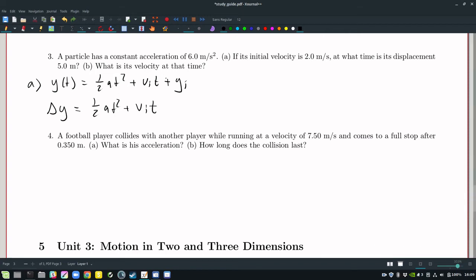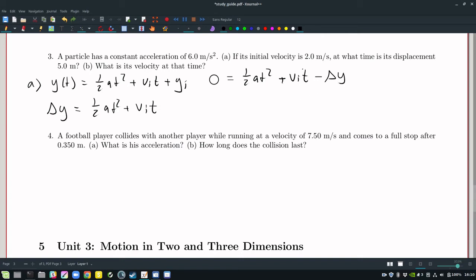So y minus y initial will be delta y. Now we're being asked at what time is its displacement 5 meters, so let's rearrange even further. We'll get 1/2 at squared plus vit and then minus delta y.